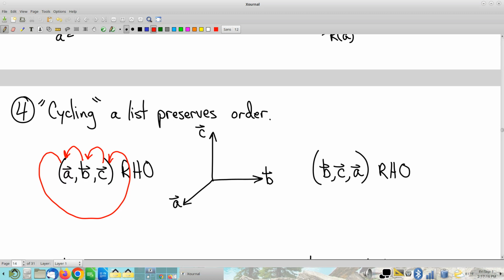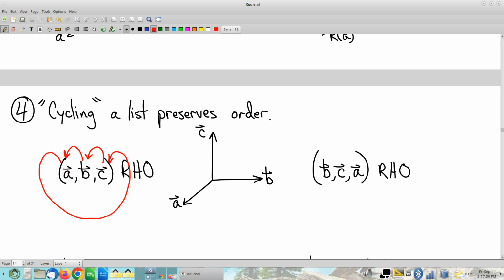Okay. So, yeah. Cycling preserves order. Oh, and you can see this. Let me see if I can remember. This is a little confusing. Okay, so ABC is right-handed order. There's ABC in right-handed order. Right?